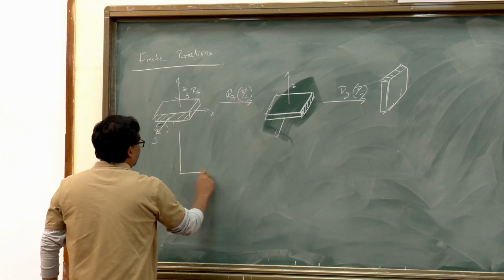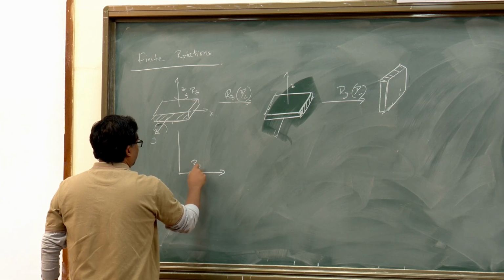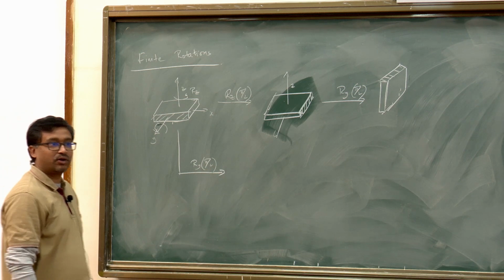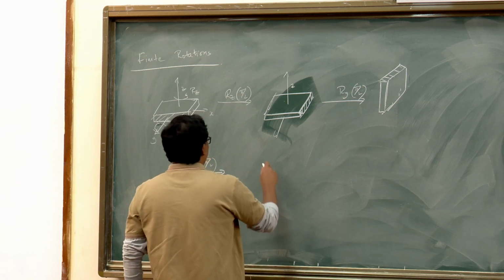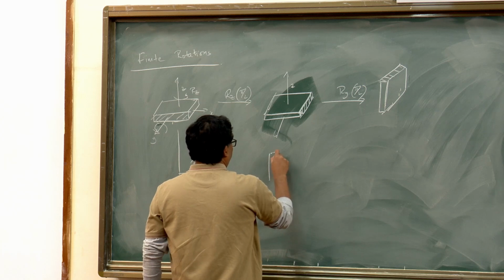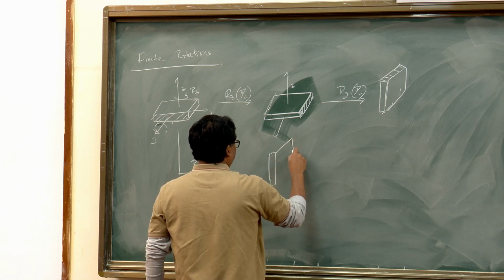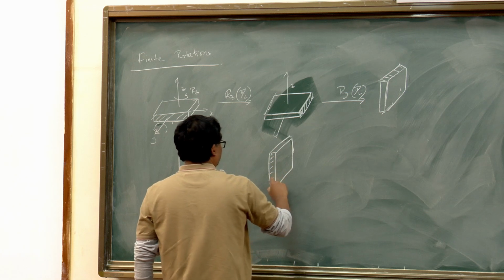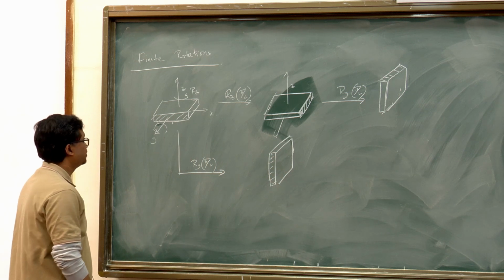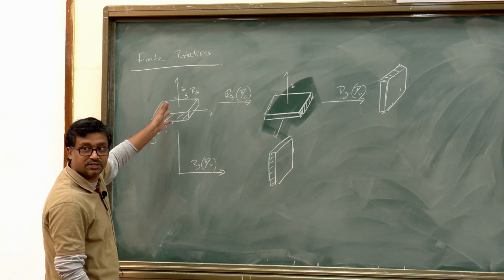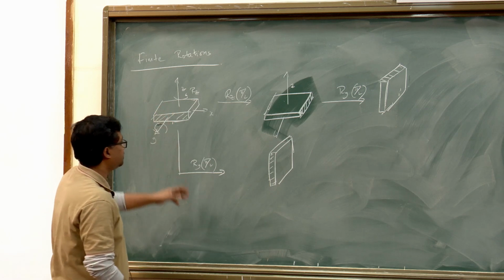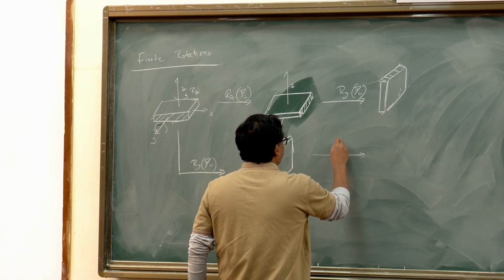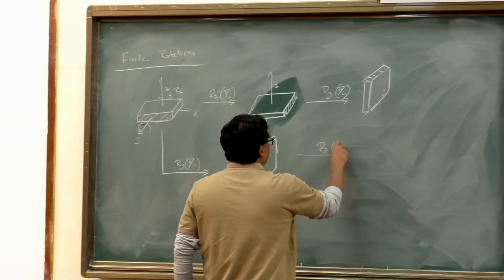Let me repeat the operation in a different order. Let me rotate about y first. So what we have now, the block here, we have rotated by 90 degrees around the y axis. So I get this. Then I rotate around the z axis by 90 degrees.